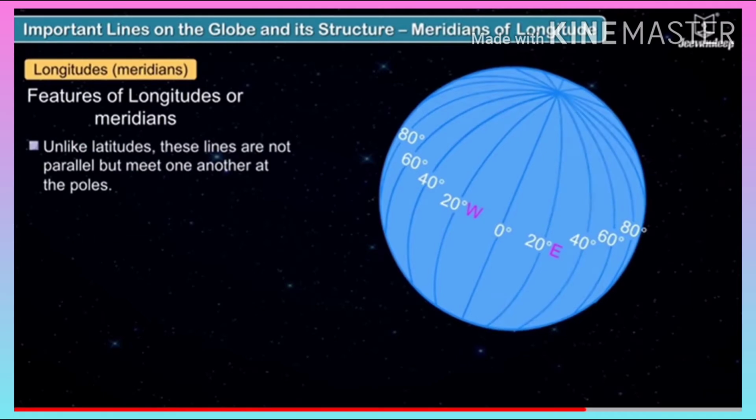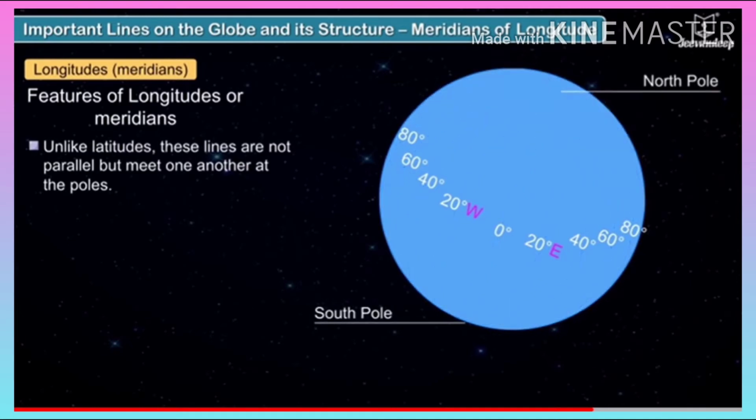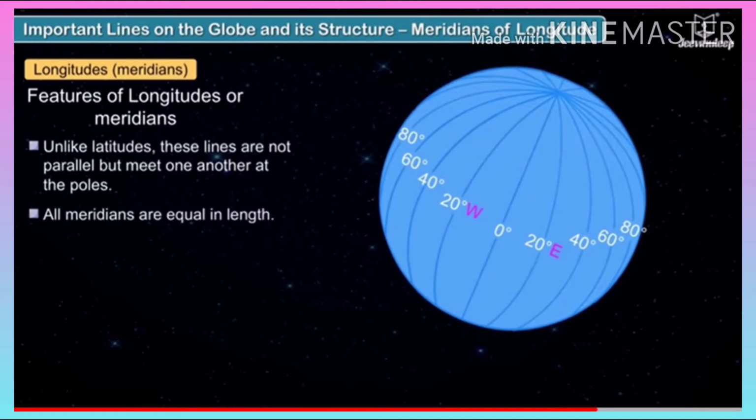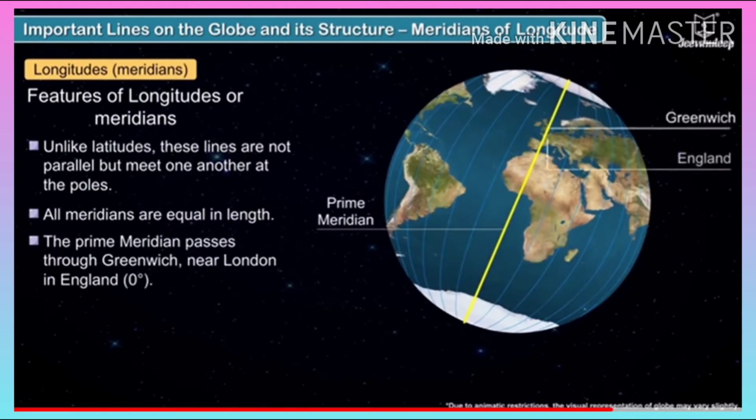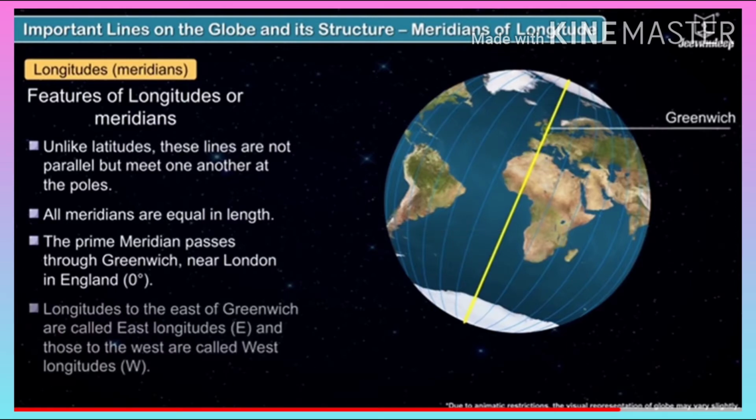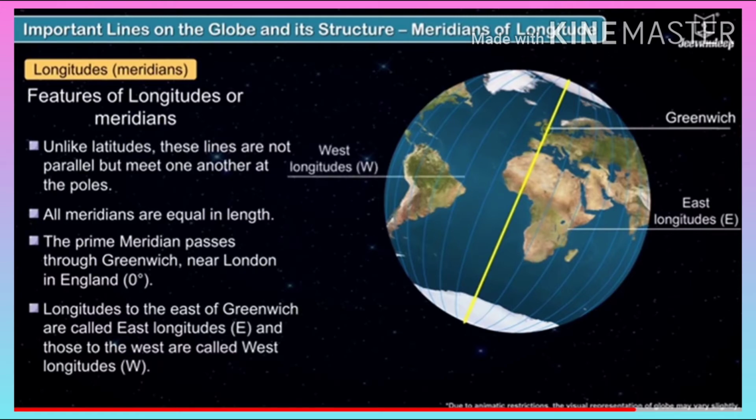Unlike latitudes, these lines are not parallel but meet one another at the poles. All meridians are equal in length. The prime meridian is located at Greenwich near London in England, 0 degree. Longitudes to the east of Greenwich are called east longitudes, E, and those to the west are called west longitudes, W.